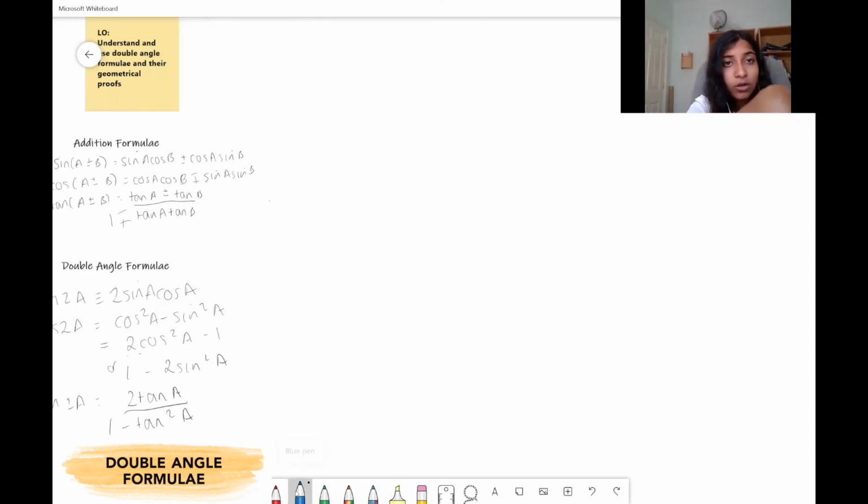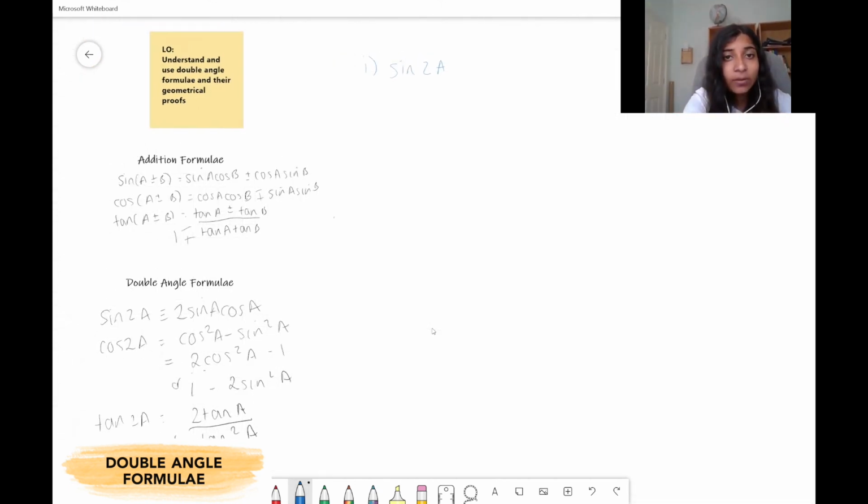For the first one, sin 2A, we want that to be equal to 2 sin A cos A. To do that, we can rewrite 2A as A plus A. If we substitute B for A, we get sin A cos A plus cos A sin A, and this is the same expression added twice, so that's just equal to 2 sin A cos A. So that's for sin 2A.